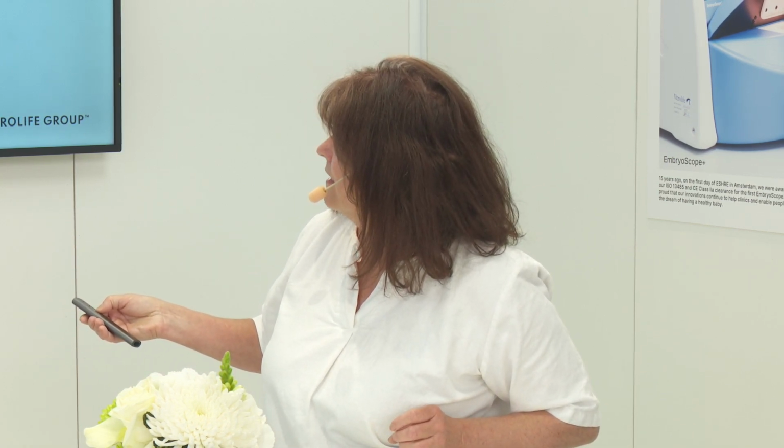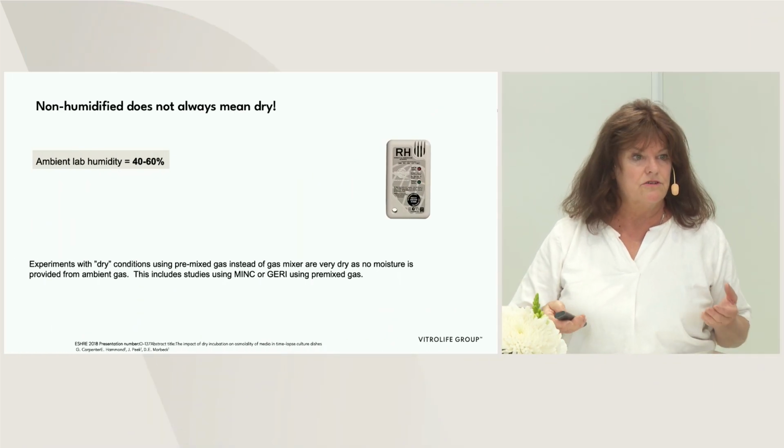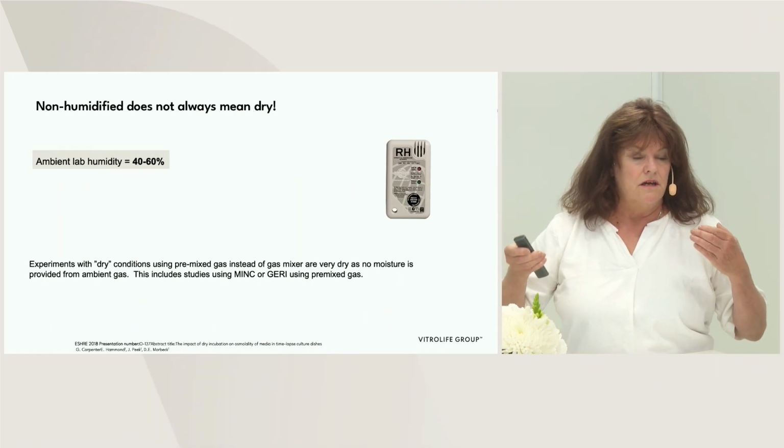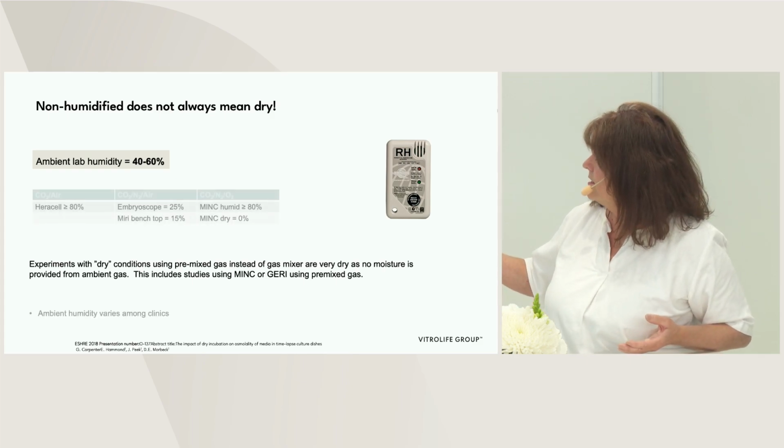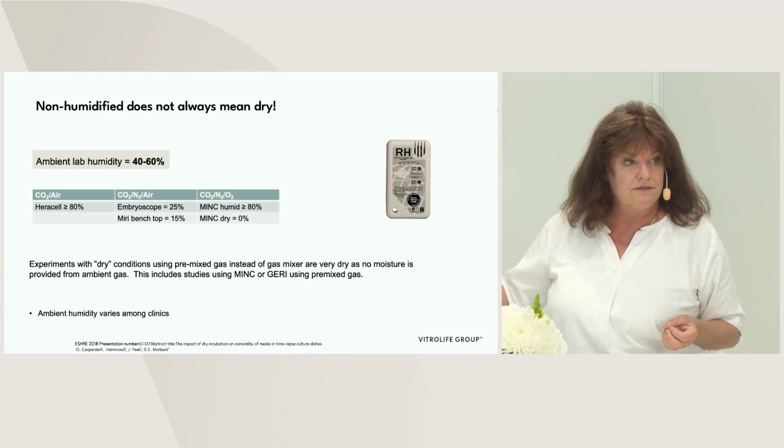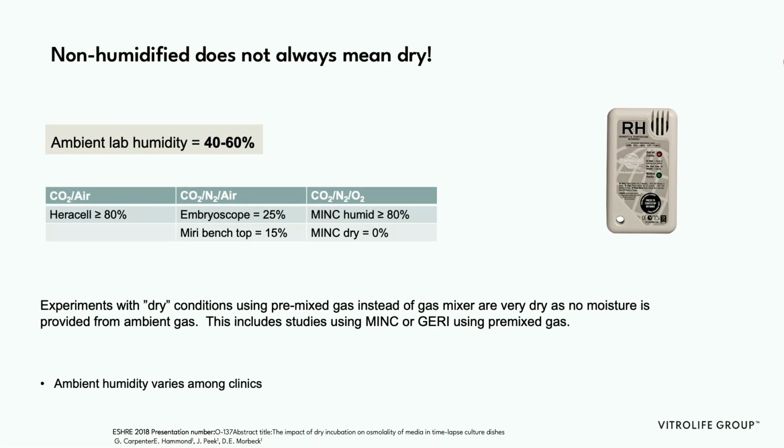Again, I'd like to right away clear up, because I hear this discussion of dry and humidified incubator, but in fact, some incubators using gas mixers are not dry. A proportion of the ambient humidity is included in this system. This study was done at ESHRE 2018, and you can see in a humidified incubator you get about 80% humidity, but in some benchtop incubators you do get some humidity.